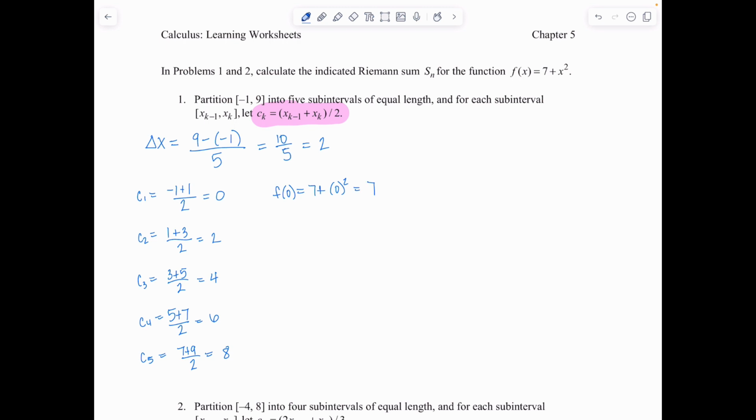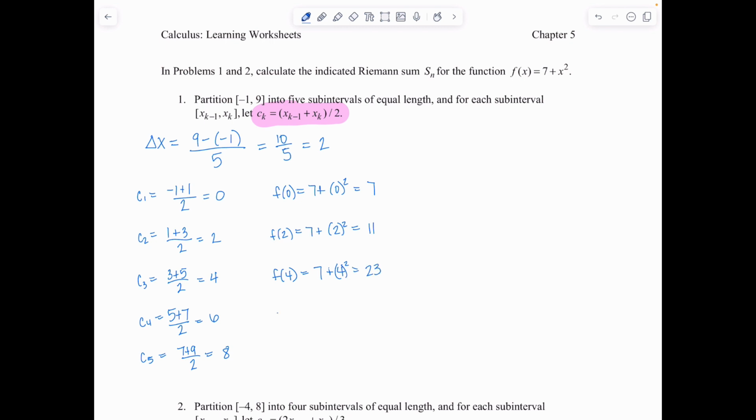At 2, f of 2, we will have 7 plus 2 squared, which will give us 11. At 4, f of 4, we have 7 plus 4 squared, gives us 23.